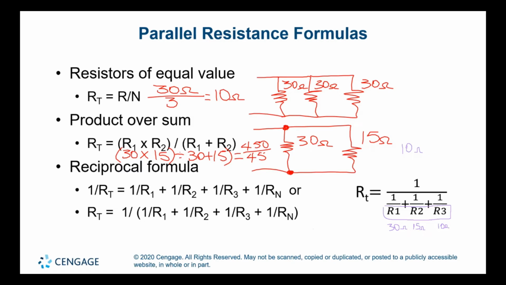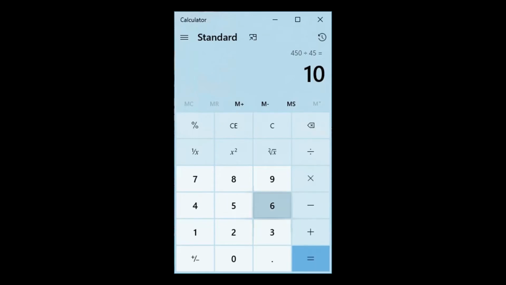So to show you once more, when we get into the calculator, the way that we are going to input these values will be: we had 30, and then we go to the reciprocal key here, plus 15, we click on the reciprocal key again, plus 10, and we click on that key again.